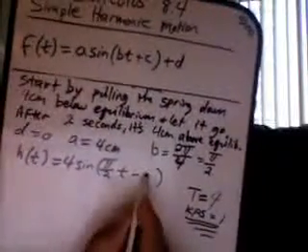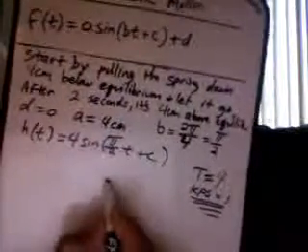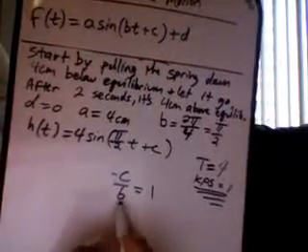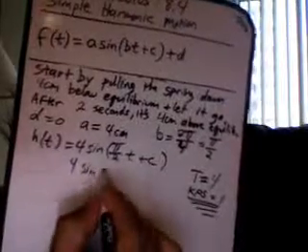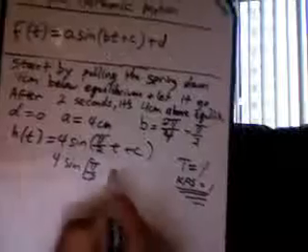So we either have to say, look, negative C over B is 1, and we know what B is. Negative C over pi over 2 is 1, and we can solve for C that way. Or, the way I like to do it is, as I always do, factor out the frequency.